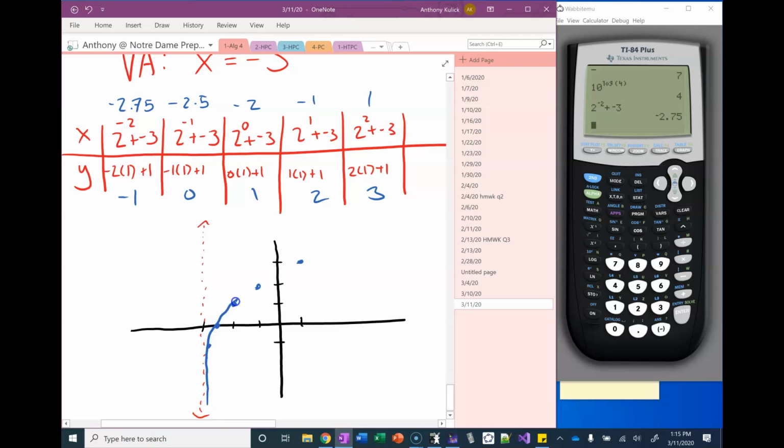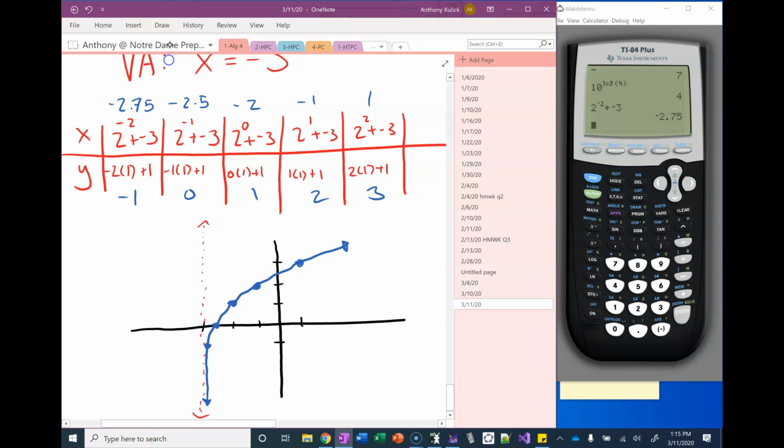I'm going to follow the asymptote, go through all of my points, and I'm going to have arrows at both ends of my graph. Everybody okay with how we've drawn the graph there?